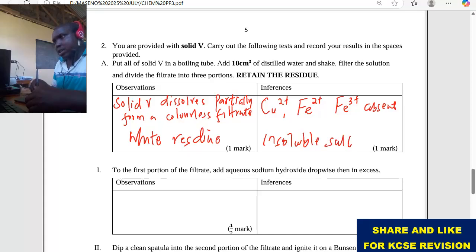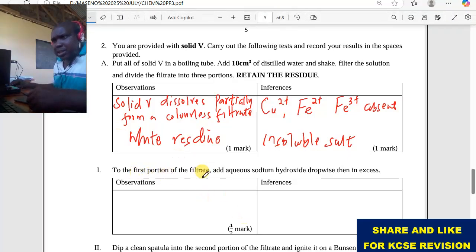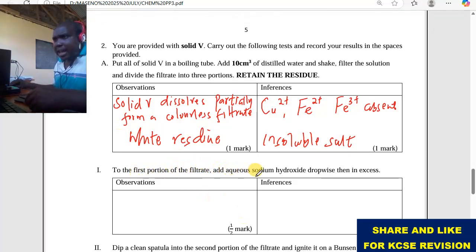Solid. You can call it salt or solid. To the first portion of the filtrate, add aqueous sodium hydroxide. When you are using sodium hydroxide, you expect 3 observations. Number 1, a white precipitate is formed, insoluble. Number 2, a white precipitate is formed, soluble in excess. Number 3, no white precipitate.